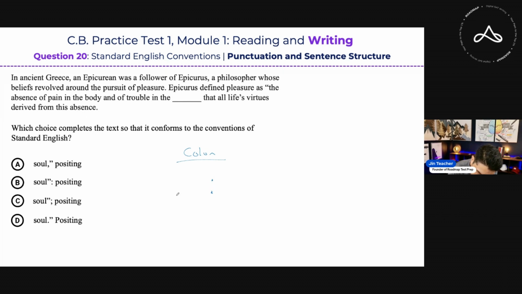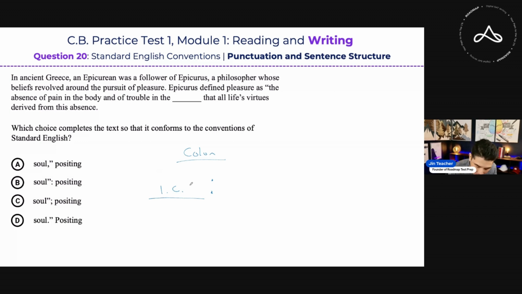The first thing is the information before. By the way, a colon is just those two dots, right? Period, period. The first thing that you want to check for is the information before the colon. This has to be an independent clause. It has to have a subject, a verb, and a complete thought. If it doesn't, then a colon is automatically the wrong answer, okay? Because it violates that punctuation rule.